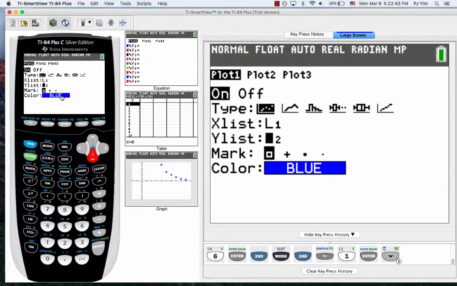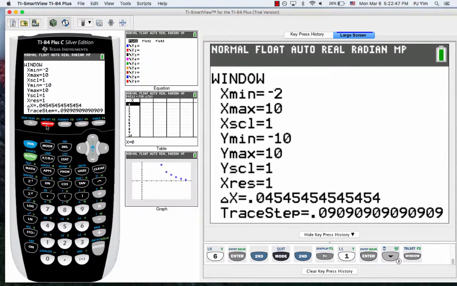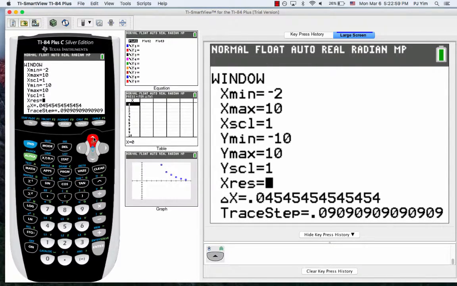Now we need to fix the window. Looking at the table of values, the highest value that we had was 95.3, so we need a Y max that is a little more than that. Let's put 110.